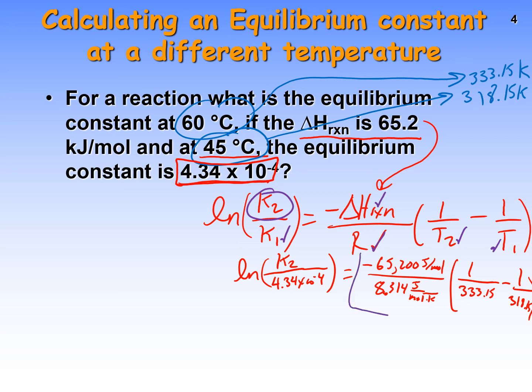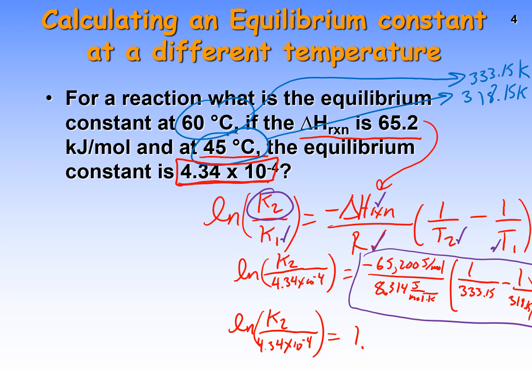All right, so at this point, we can do some math. I'm just going to calculate everything on this side in my calculator to start off with. And what this gives me is that ln of K2 over 4.34 times 10 to the negative 4 is equal to 1.1098, give or take.